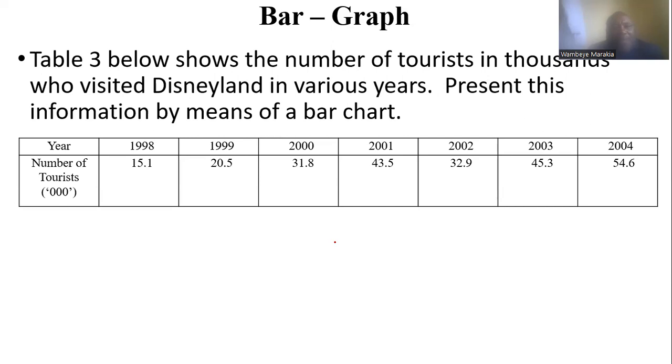We want to represent this data. We have here a number of tourists visiting a given town in a year. And these numbers are given for different years.